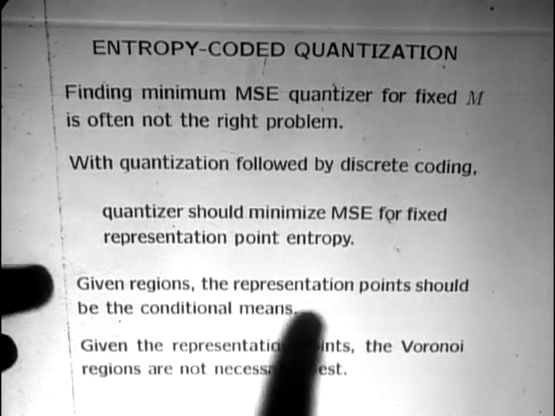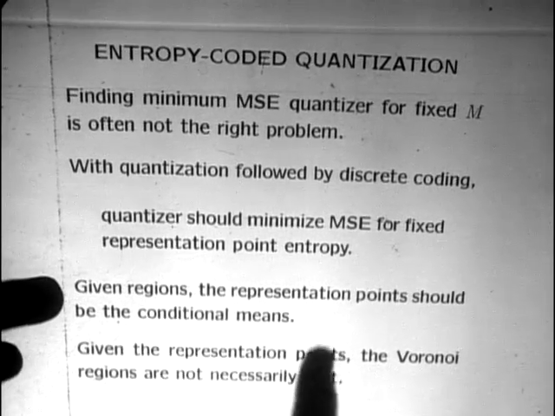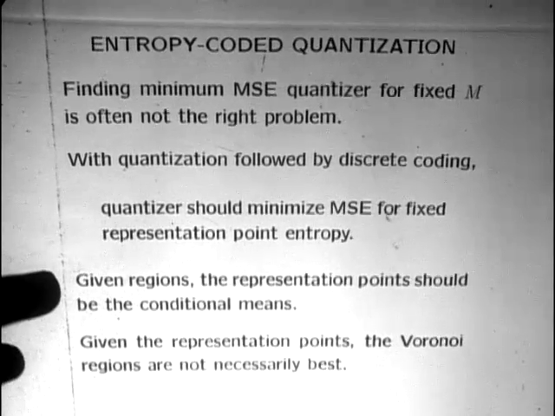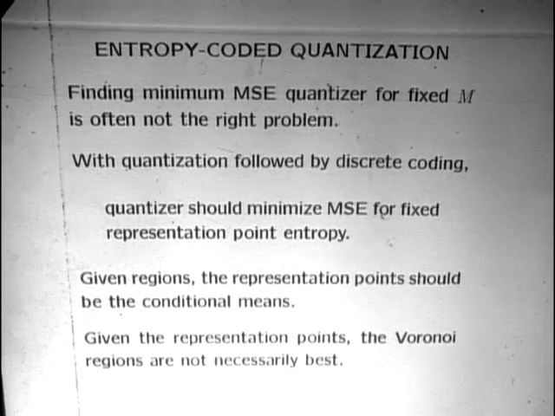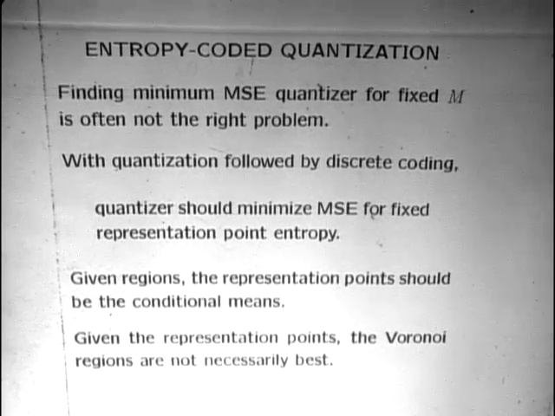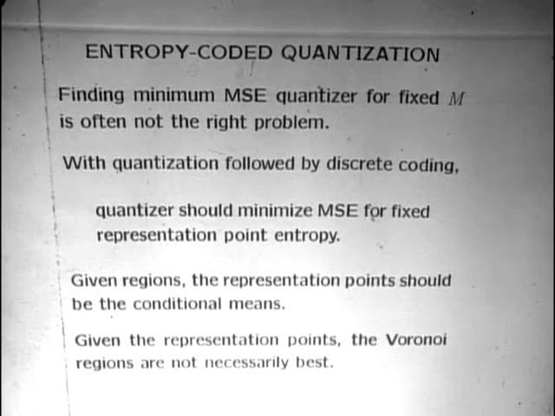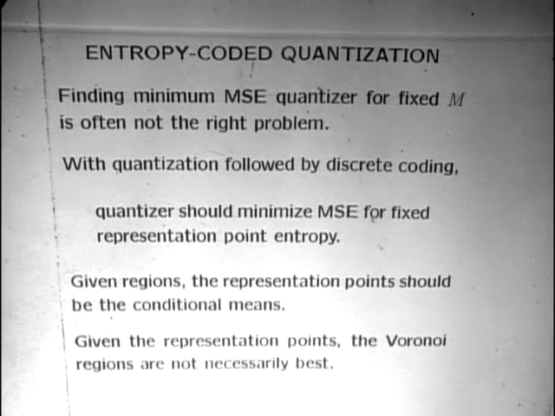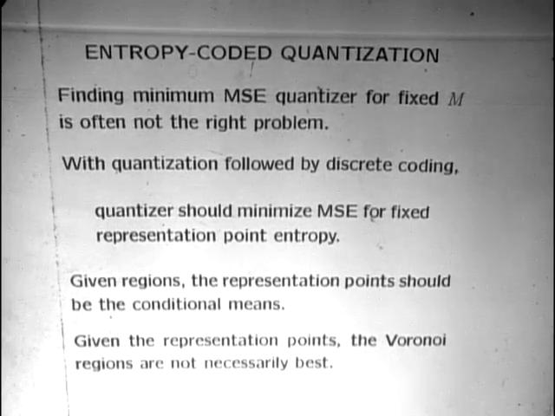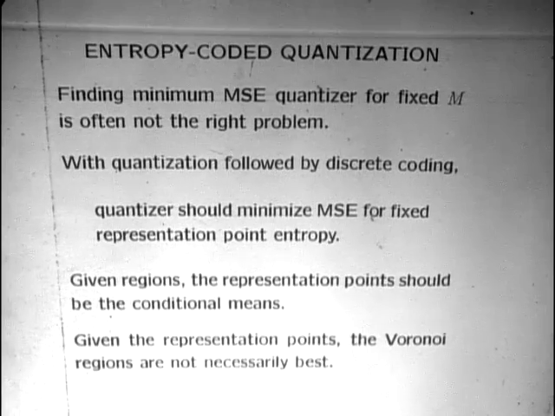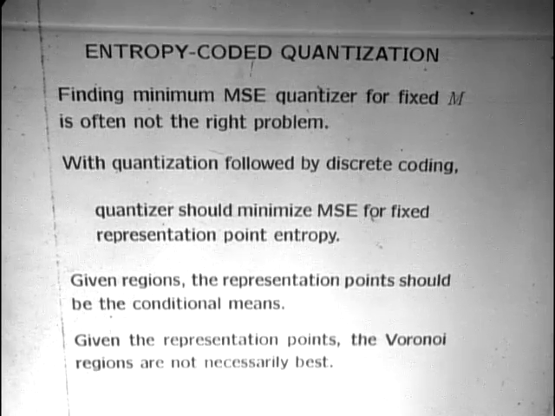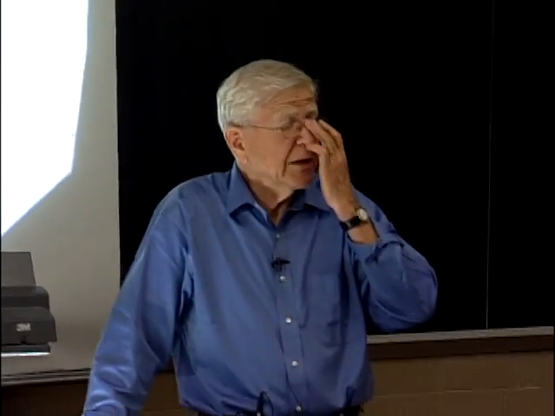Okay, when you're given the regions, if we try to say what happens to the Lloyd-Max algorithm then, the representation points should still be the conditional means. Why? Anybody figure out why we want to solve the problem that way? If I've already figured out what the regions should be, well, before, when I told you what the regions were, you told me that you wanted to make the representation points the conditional means.